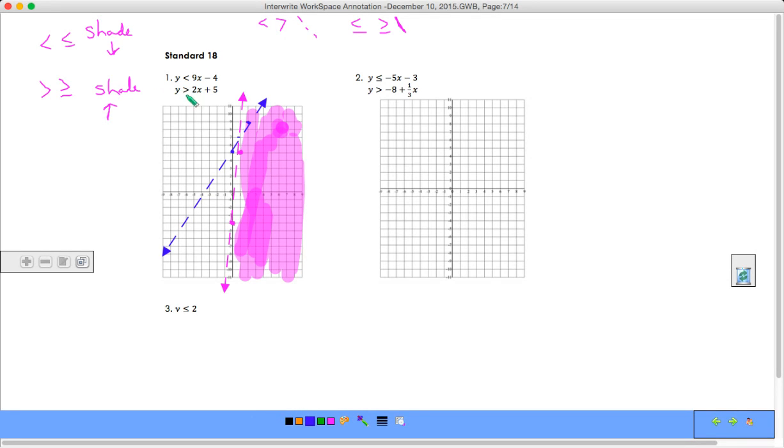Okay, and we have y is greater than this, so we're going to shade above. Right here where the two shaded regions overlap, that's where your solutions are.